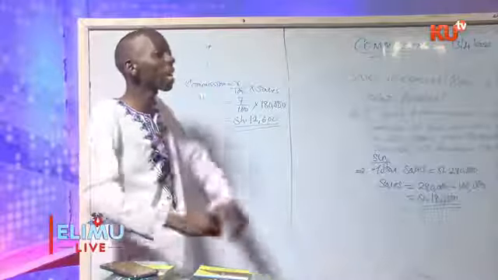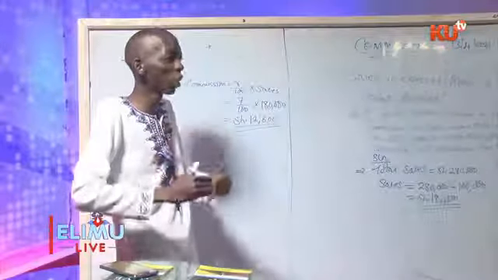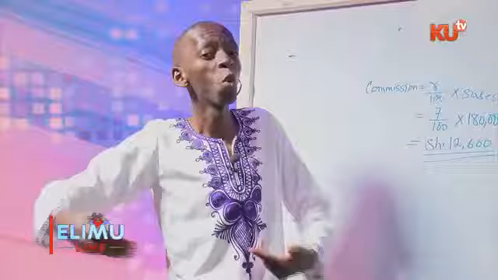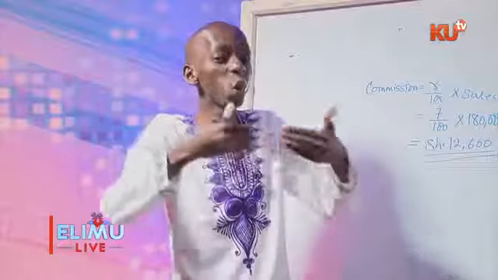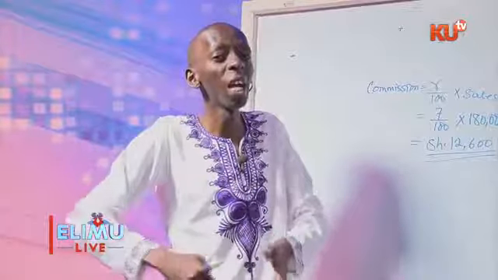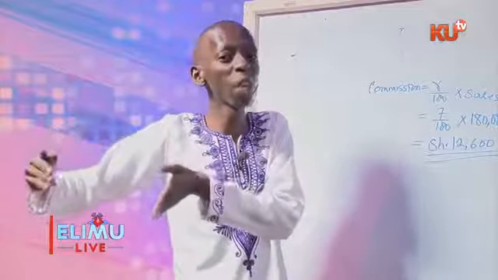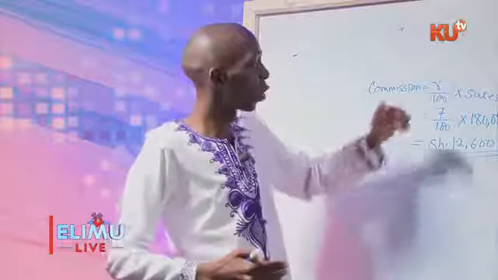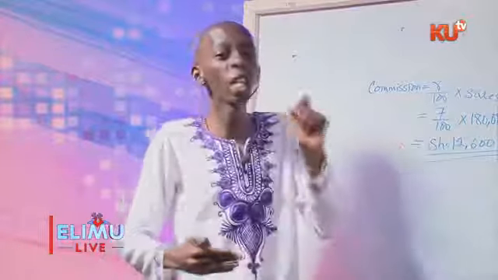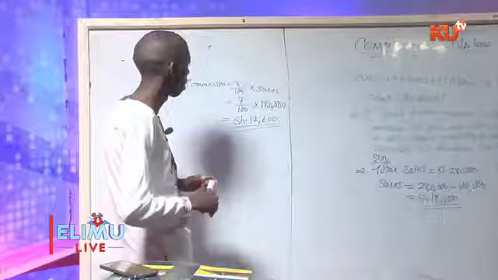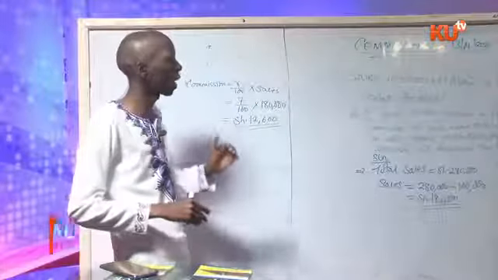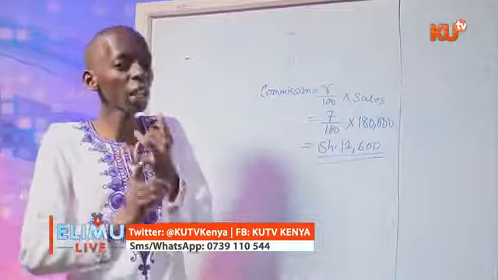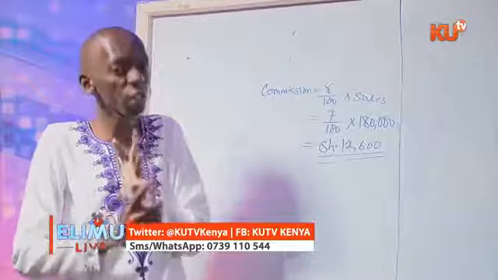So that is a very, very important concept that you should note. If you are told he is given a commission for sales above a certain amount of money, for you to get the sales from which you receive the commission, subtract that amount of money. Then you get the commission using the formula that I began by teaching you. So far we've learned how to get the commission: it's a rate over 100 multiplied by sales.